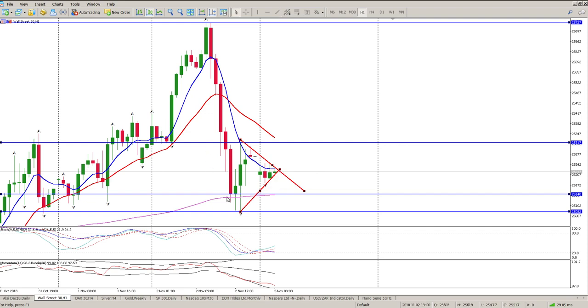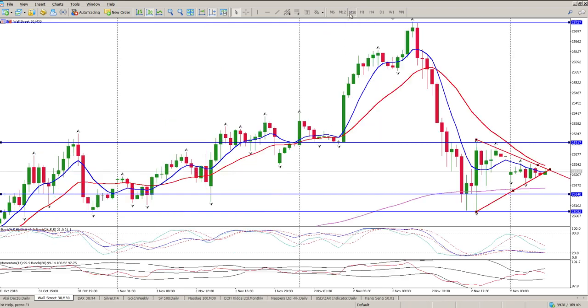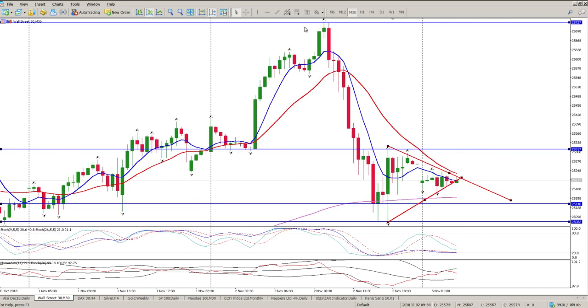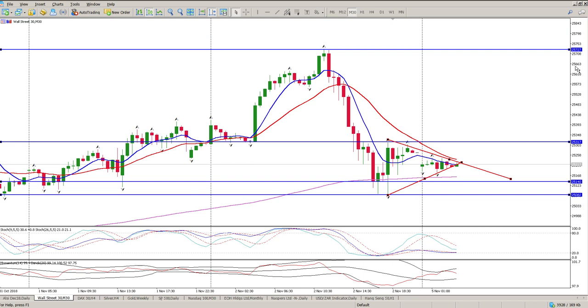Now there's no guarantee that this is consolidation at the upside. This could be a consolidation for a move to the downside: strong move down, sideways, and then another move down. That's kind of what I'd be looking at.